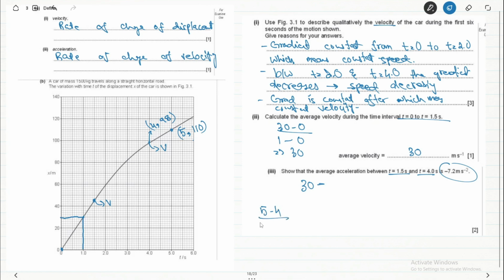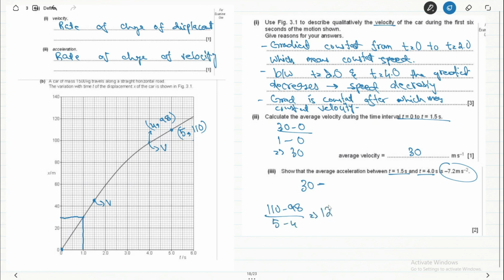4 divided by 110 minus 98. No, this is the wrong formula. This is my bad. Just write 110 minus 98 divided by 5 minus 4.